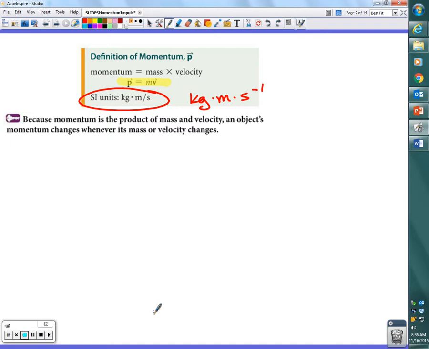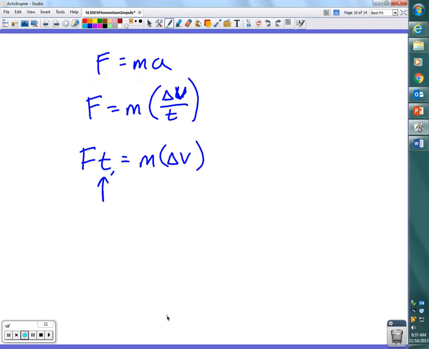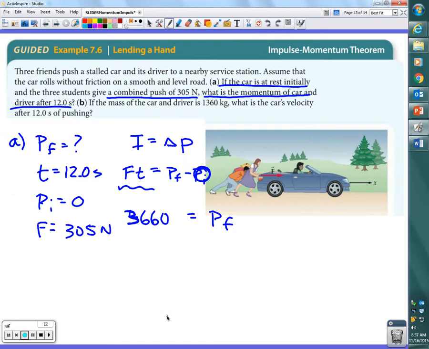Right? Technically, momentum could be that as well, right? Yeah, because those cancel out the way that they cancel out and they leave you with this. So yeah, momentum and impulse have to have the same units regardless of what it is. Right? So, going back here, right, okay, we go, that's a 3, sorry.